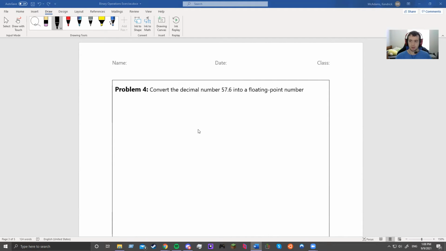So in order to comply with the format we're going for, we need to have 3 different sections. We need to have the sign section, which is either going to be a 0 or 1, 0 for positive, 1 for negative, and that just depends on the sign of the number we're converting from. Next, we're going to have an 8-number section called the exponent, which tells the exponent of our number.